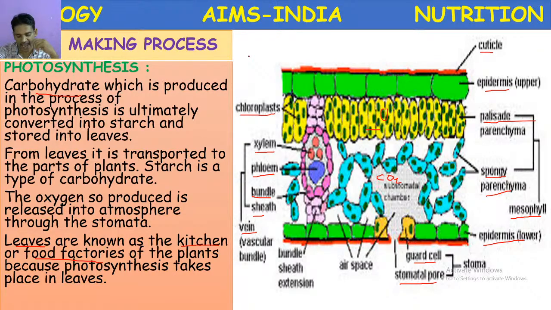And Julius Sachs proposed in 1862 that starch is the direct product of photosynthesis. Later in the 20th century, Robert Hill and Melvin Calvin clearly explained the process of photosynthesis.